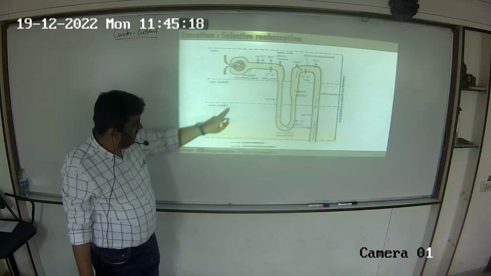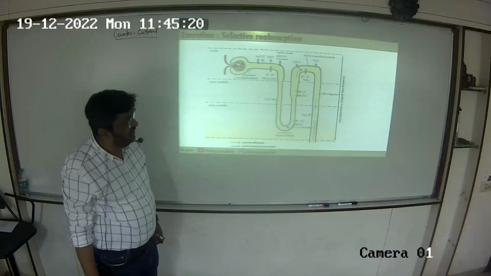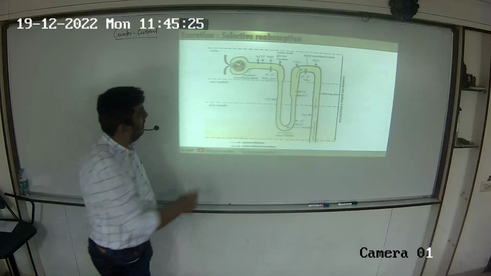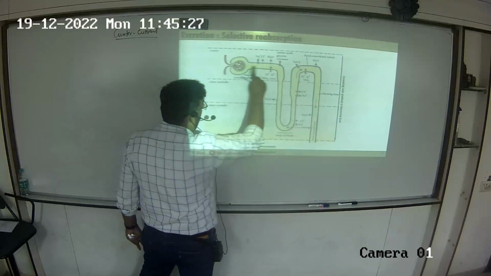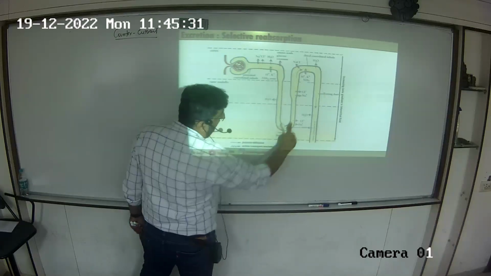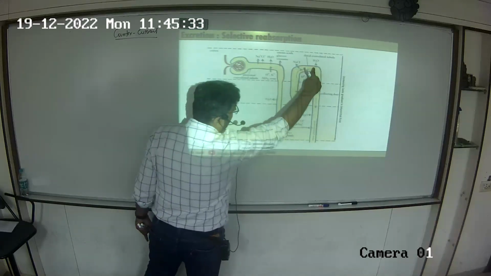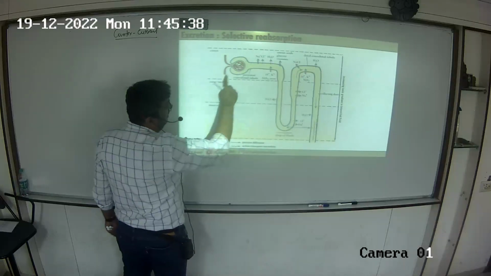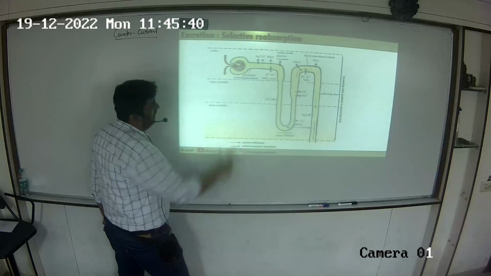Now, first of all, just one small diagram for our recollection of all the events we have studied in the last session, please. So we have Bowman's capsule, PCD. We have this descending limb, ascending limb, DCD, and collecting duct. Yes. So we have afferent-efferent glomerular formation, creation of pressure.